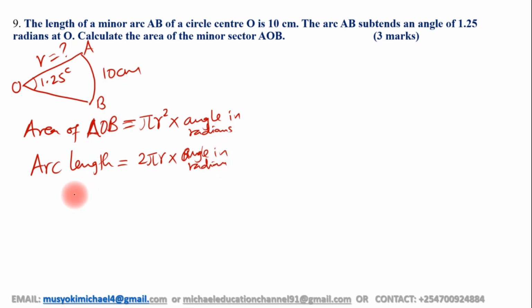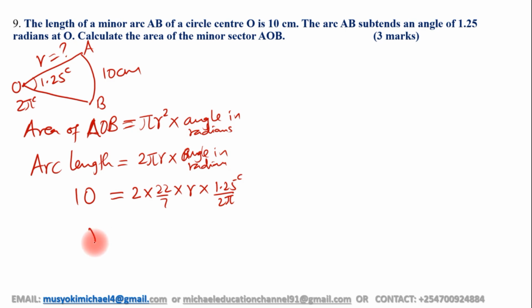So arc length we have been given is 10, is equal to, let us substitute into this formula. So 2 pi is 22/7 times r, which we don't know, then times, now angle in radian, we know the all angle at a point, the all angle is 2 pi radian, but this is a fraction of it, so it's 1.25 over 2 pi radians.